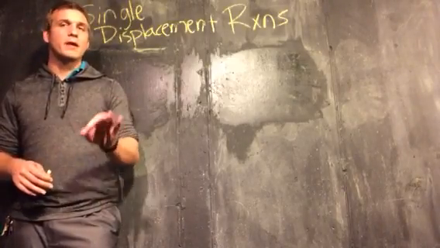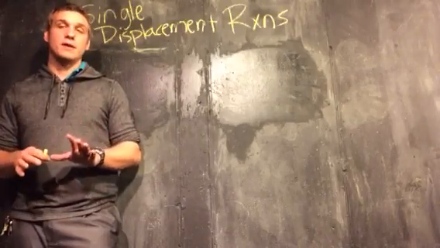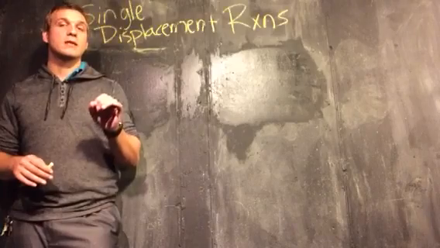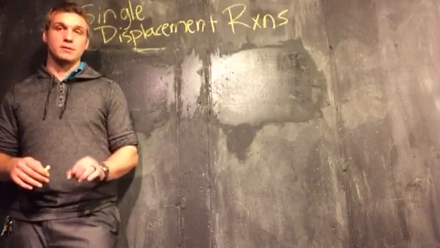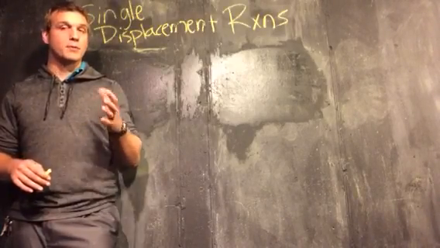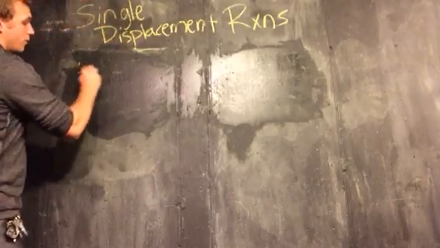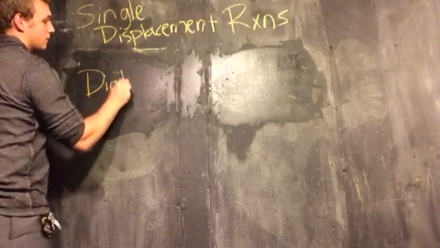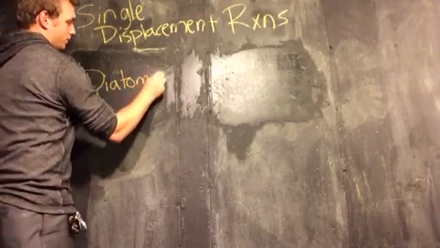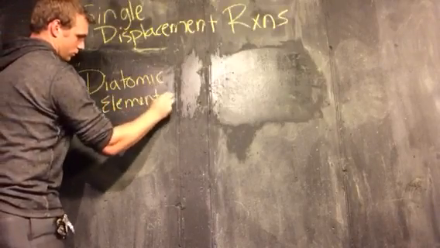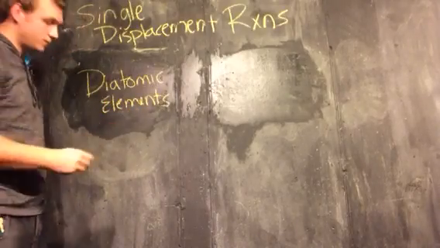Okay. But on that sheet, there are 7 diatomic elements. So I'm going to write down those 7 diatomic elements that you need to know. And then I will explain what diatomic means. So these are your diatomic elements.